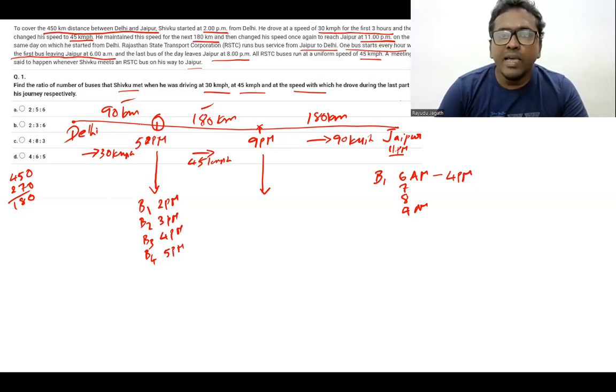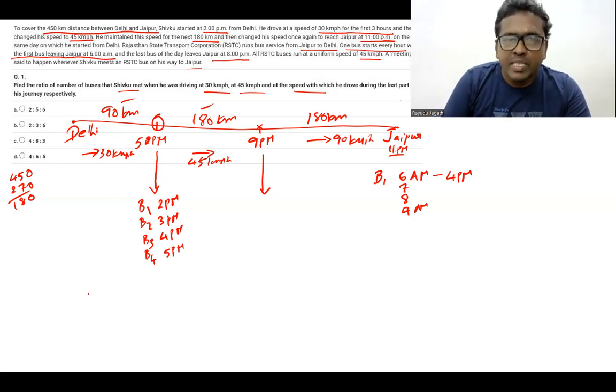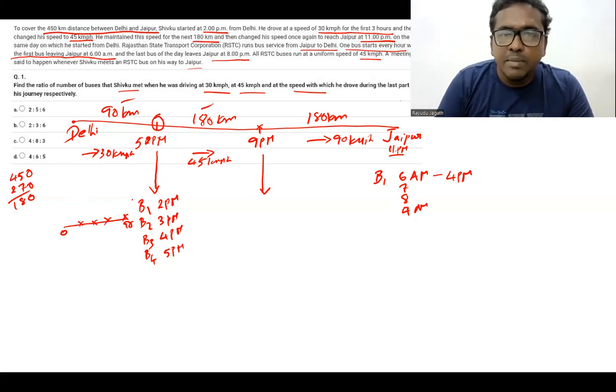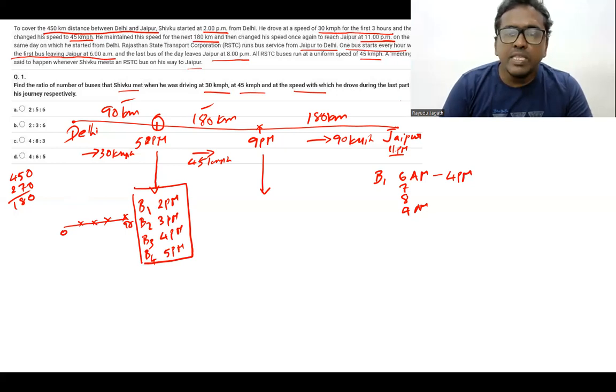In the meanwhile, between this part, 0 point to 90 point, somewhere he will meet B1 here, B2 here, B3 here, B4 at the 90-kilometer point. That means he meets a total of 4 buses with 30-kilometer per hour speed.